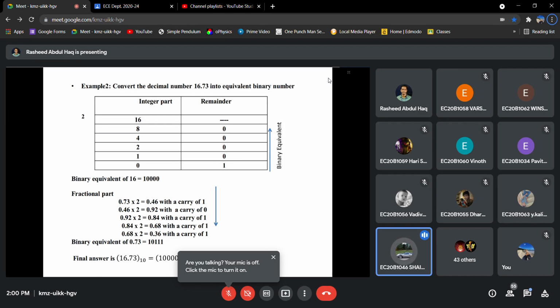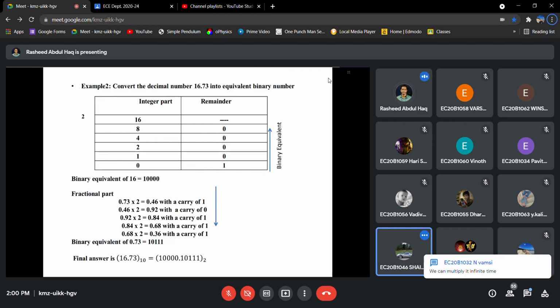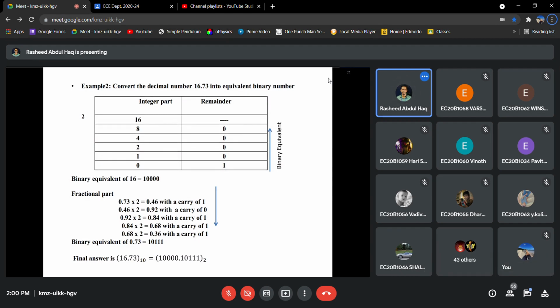Sir, is there a particular reason where to stop, or can we stop wherever we want? Normally, sometimes it will repeat like 1011 1011, we will get a repetition. Yes, okay. So in this case, we have stopped with five digits.